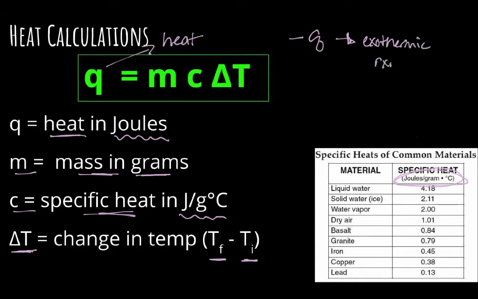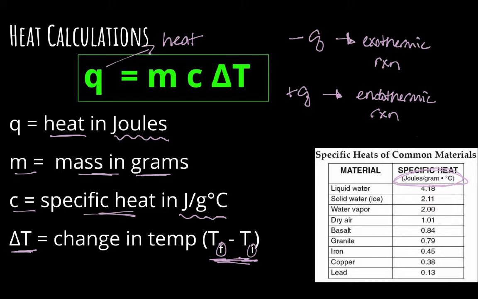If you have a positive Q, that tells you this is an endothermic reaction. So if you don't calculate the change in temperature correctly, that could mess up the sign of Q. You have to make sure you always do final minus initial.